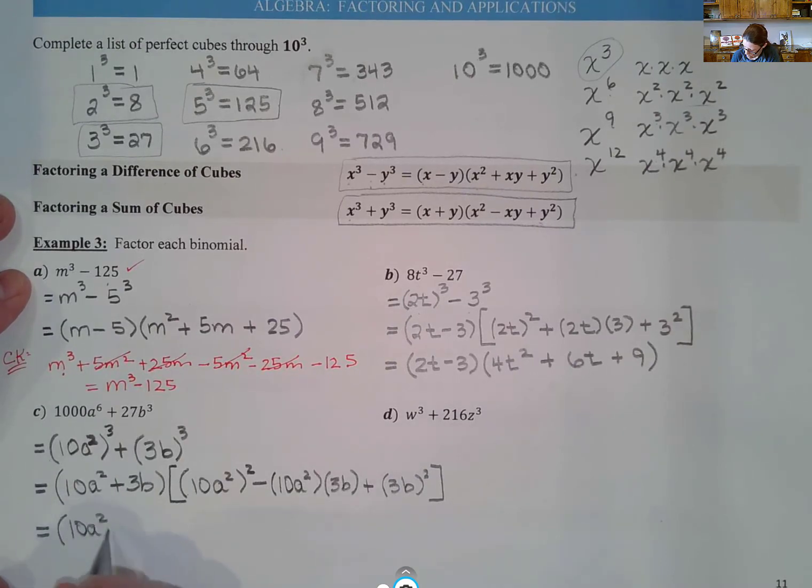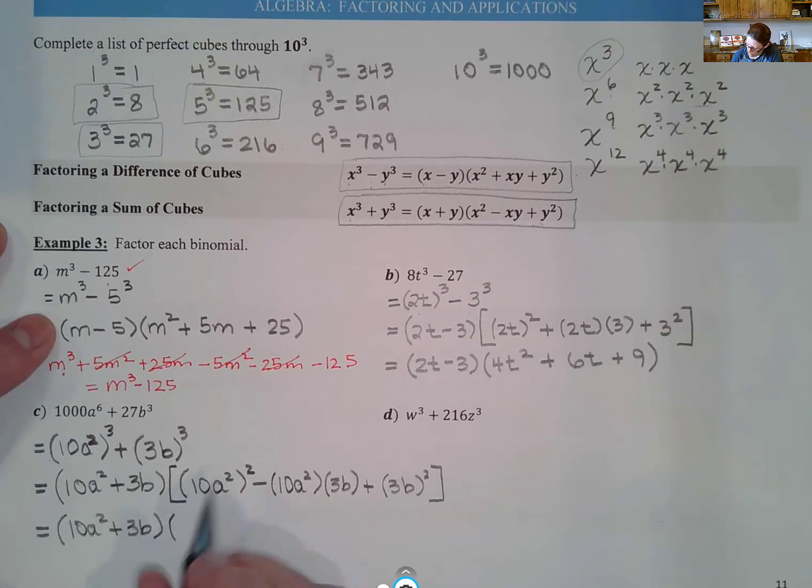And let's just clean up. As we write this, 10a squared plus 3b times 10 squared is 100. Power to a power, multiply, that's 100a to the fourth.